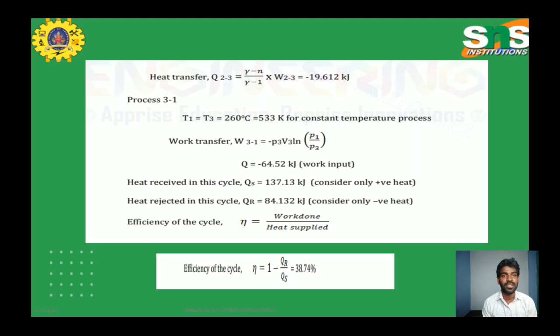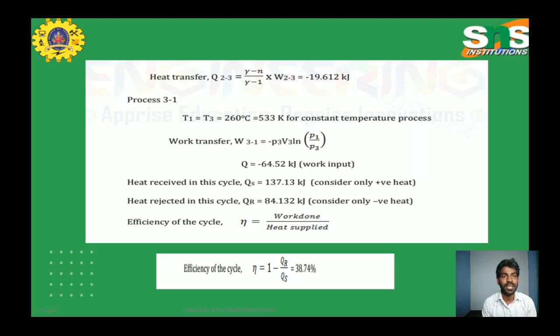The next one is process 3 to 1. In this given data T1 and T3 are given. The work transfer equation is W3 to 1 is equal to P3 V3 ln (P1 by P2). Here we get the Q value as minus 64.52 kilojoule, which is the work output. So in this process 3 to 1, we need to find the work done of the section.